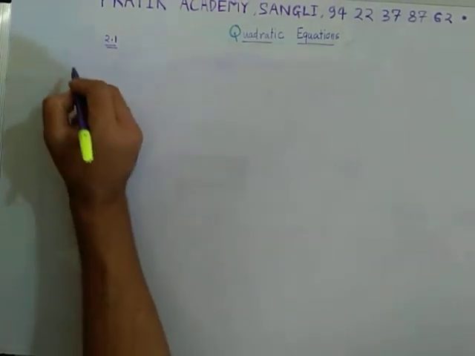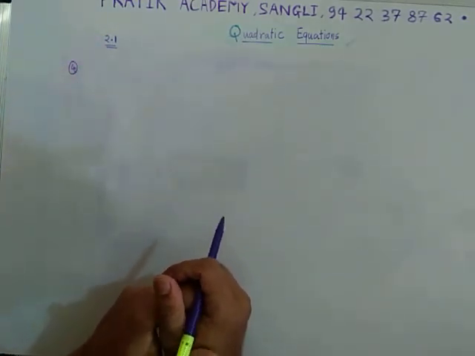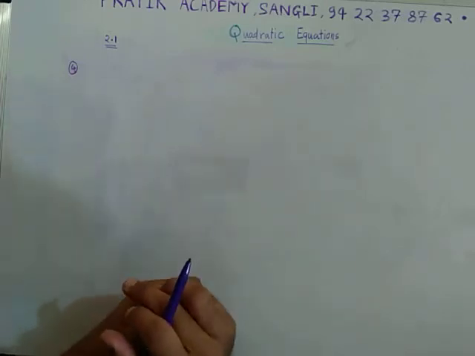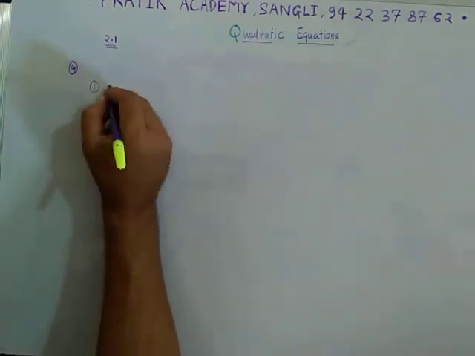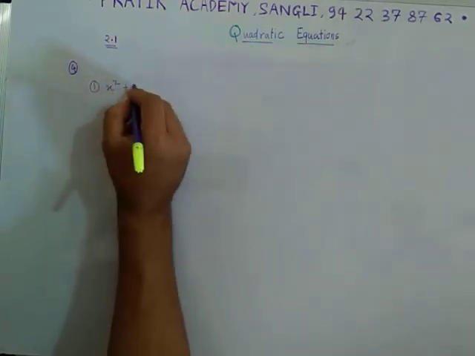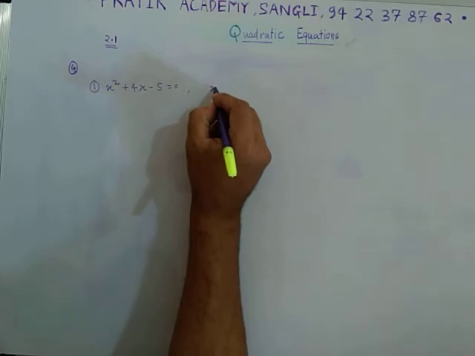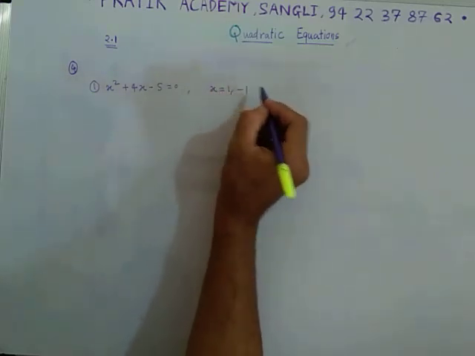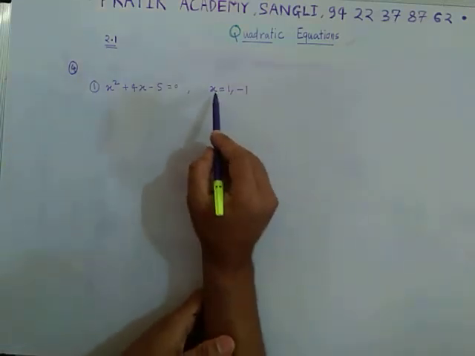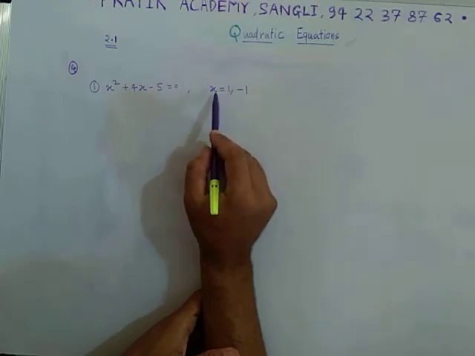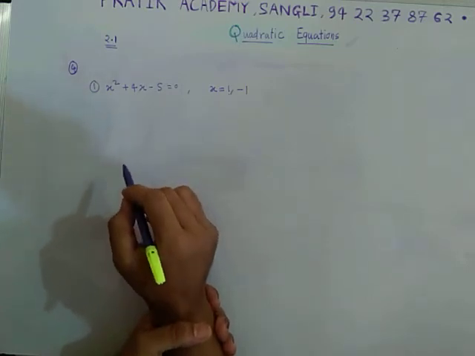Okay, next, the fourth question is: determine whether the values given against each of the quadratic equations are roots of the equation. So in this problem, the equation x² + 4x − 5 = 0 is given, and some values are given, x = 1 and x = −1. They ask us to check whether these values are solutions of this equation or not.